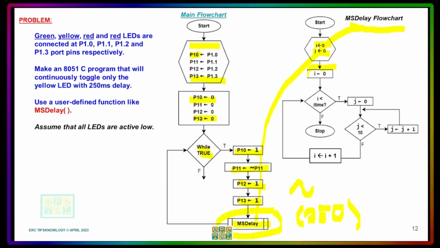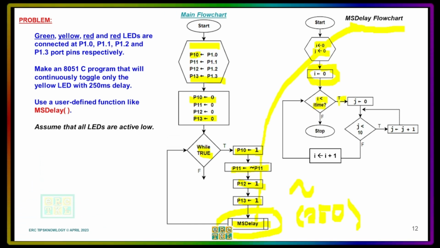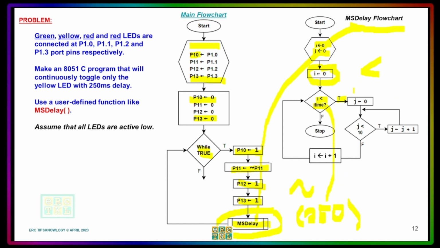The first for loop will be for i, which will be starting from 0, and it will be repeating the true part while it's less than i time. Now, if i time is 250, then it will be 0 less than 250. That will be true up to the point of 249, it's less than 250.